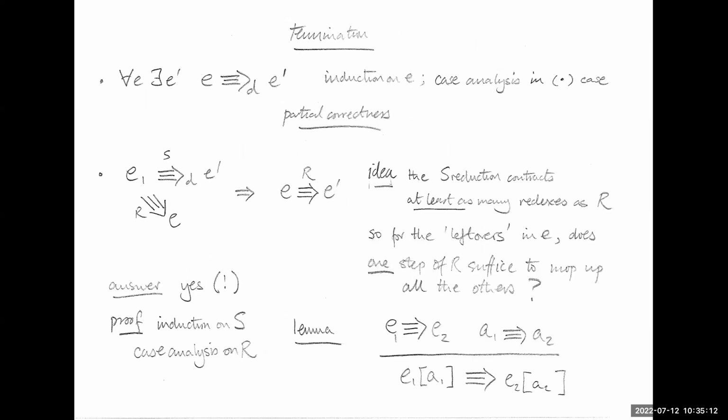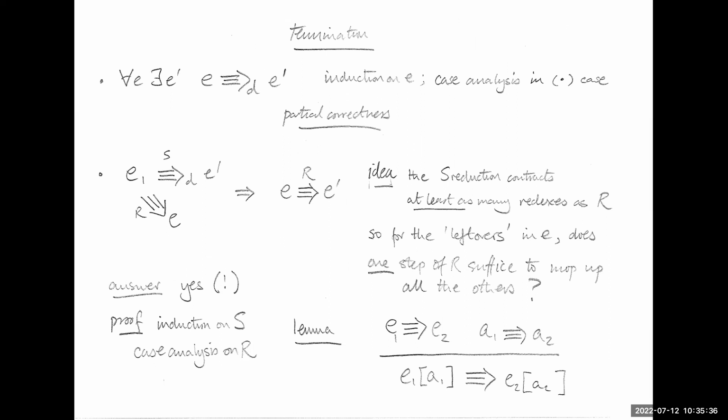So what do we need to know? Well, this in a sense is the essence of both parallel reduction and superparallel reduction, that it's a relation which is big enough to absorb reduction inside substitutions. So, good question, Kieran.